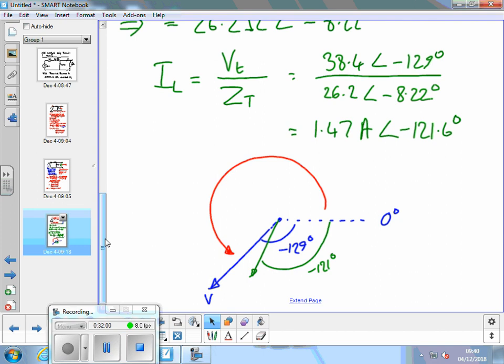I'm just trying to get you to understand that the current in this circuit is leading the voltage.